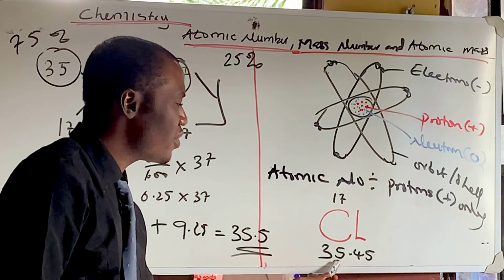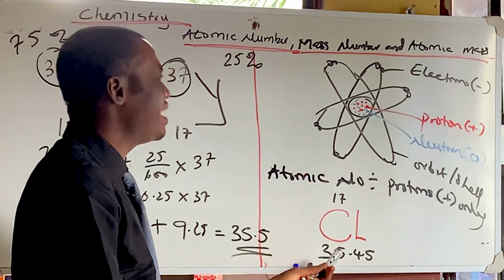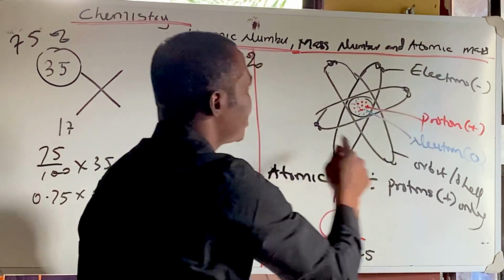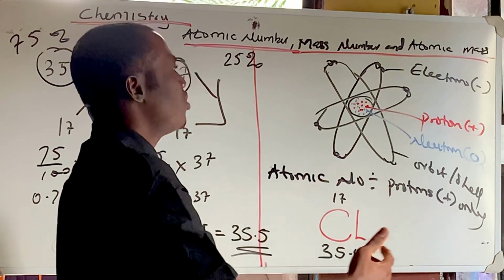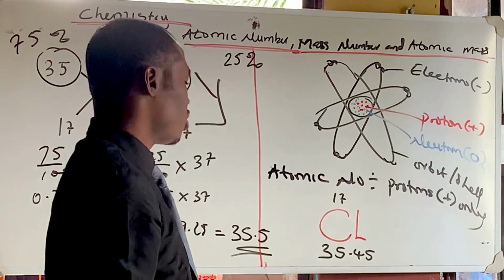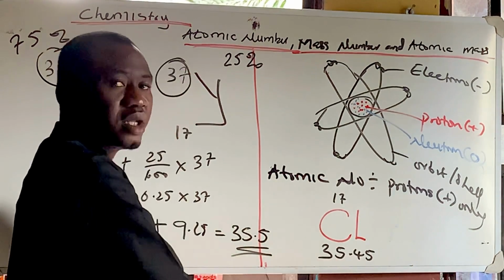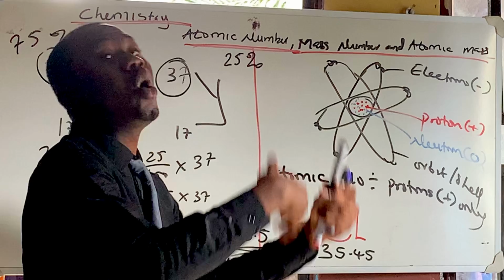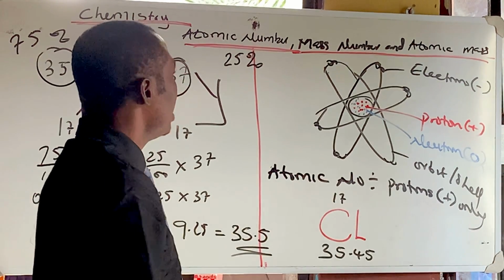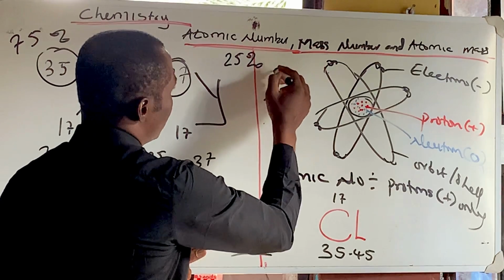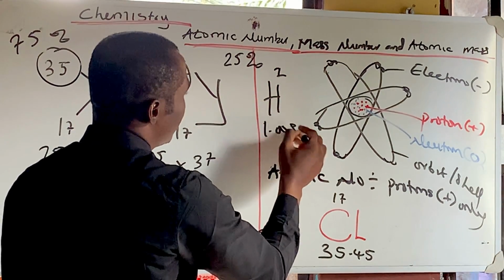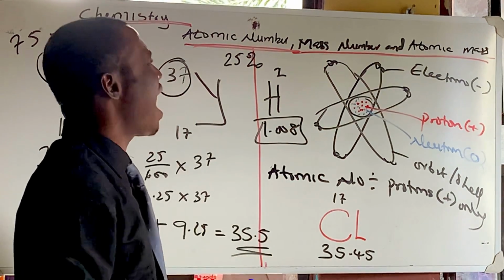Now, if you look at the periodic table, you'll find that we have 17, and then 35.45 as the atomic mass, not the mass number, but the atomic mass, or the average atomic mass, or the relative atomic mass. That's why you have these decimals in almost all the elements in the periodic table. Hydrogen has atomic number 1 and 1.008 as the atomic mass.